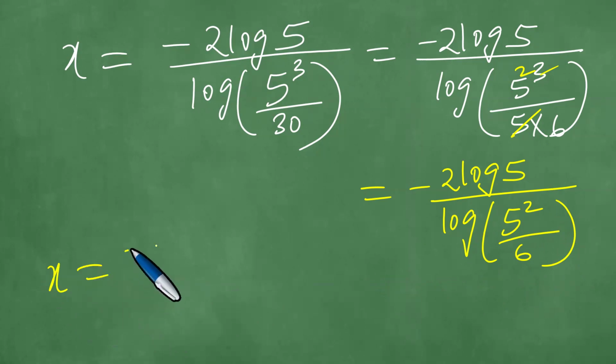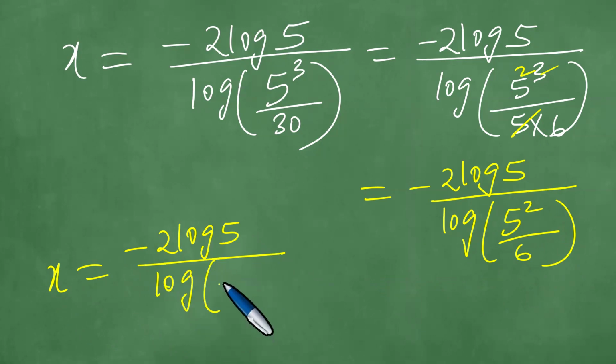And then this gives us minus 2, the log of 5 divided by the logarithm of 5 squared. 5 squared here is 25 out of 6.